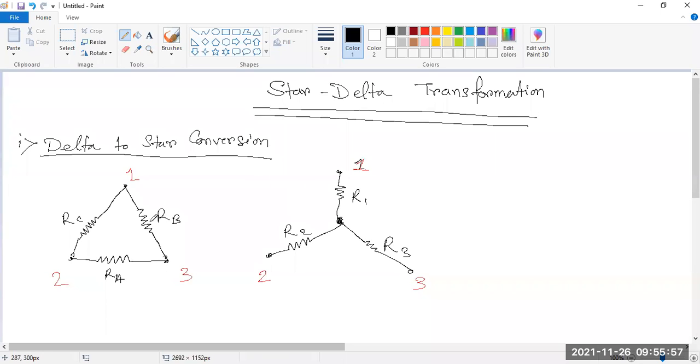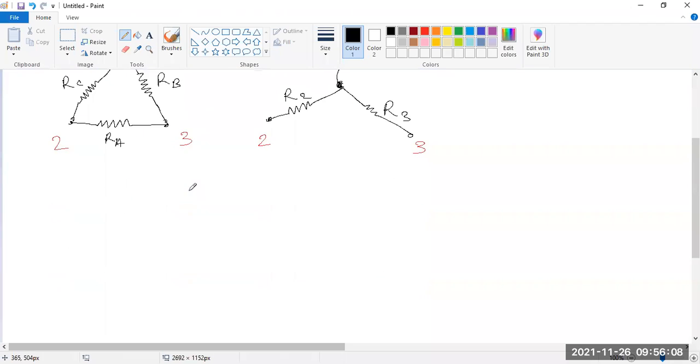Sometimes we have to convert delta to star, and sometimes star to delta.